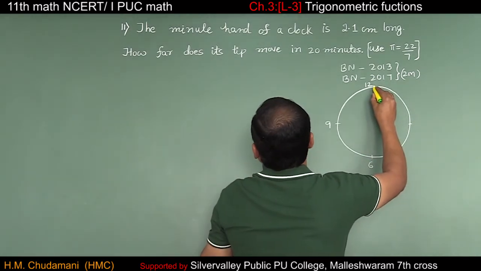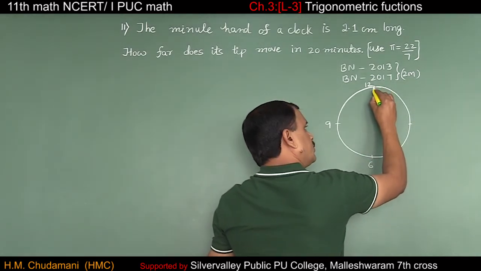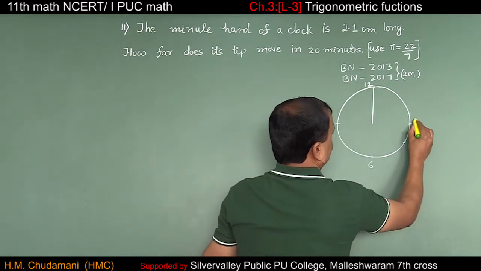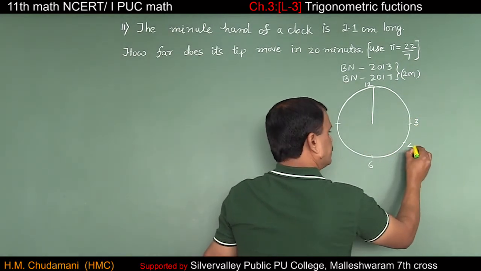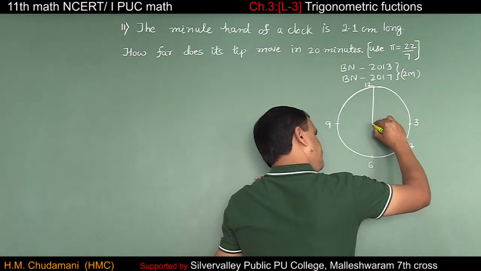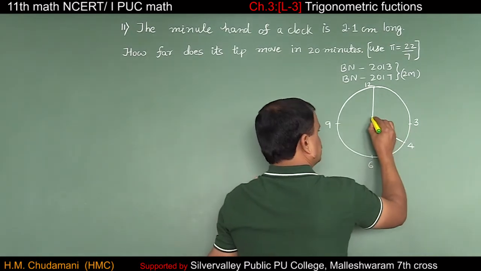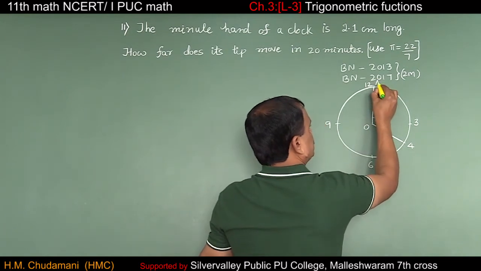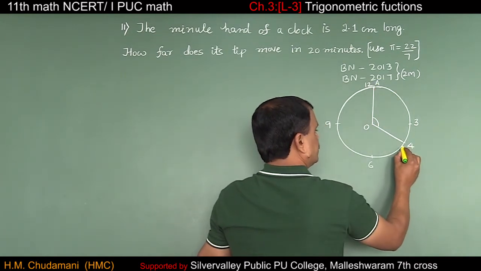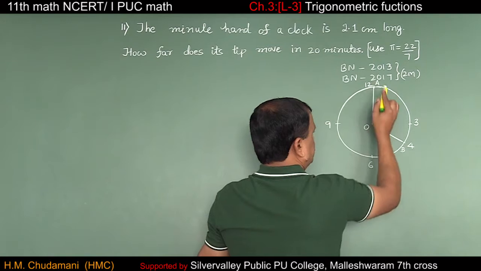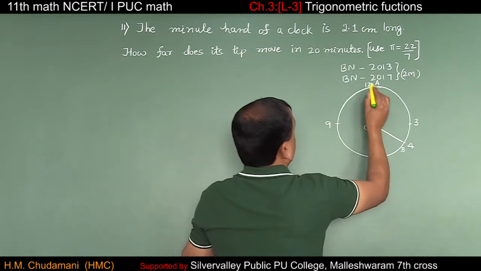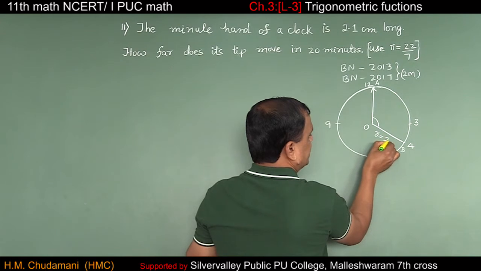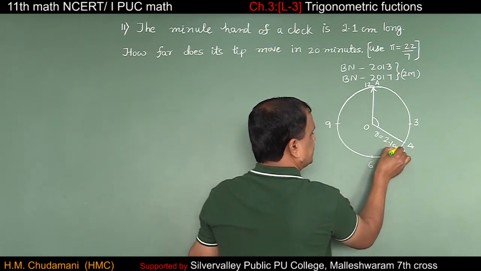So, minute hand of a clock has to travel from 12 to 4 for 20 minutes. This is the position, O, A, B. So the minute hand of a clock is 2.1 centimeter, that means the radius is 2.1 centimeter.